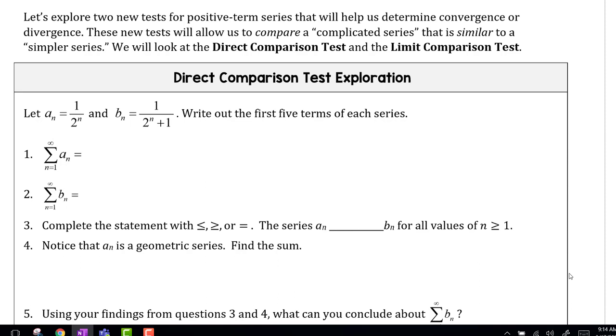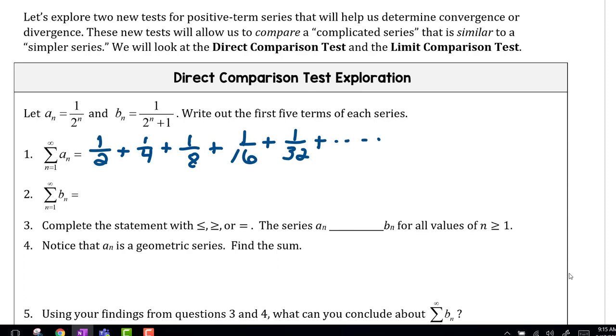For 1 over 2 to the n, the first 5 terms would be 1/2, plus 1/4, plus 1/8, plus 1/16, and then plus 1/32, and so forth.